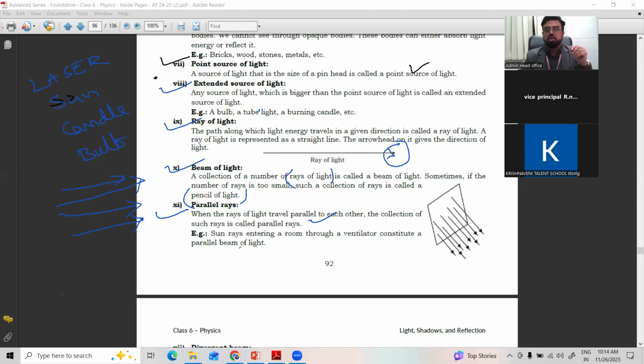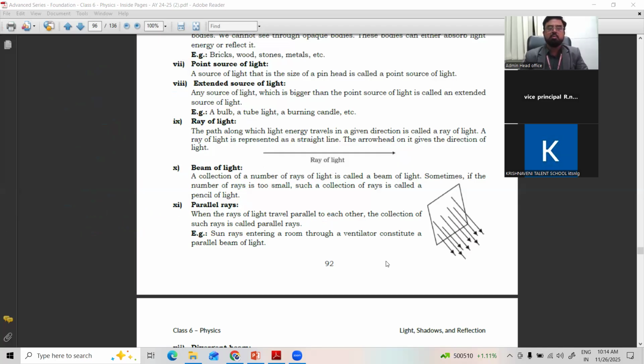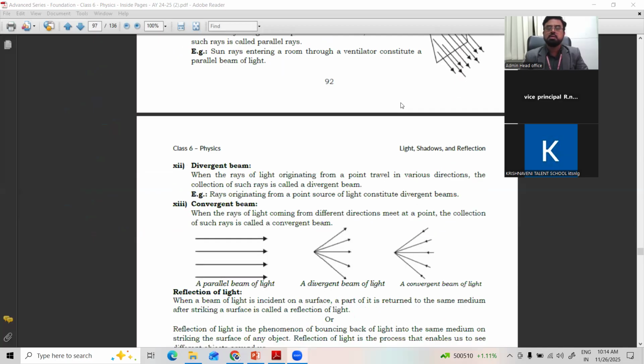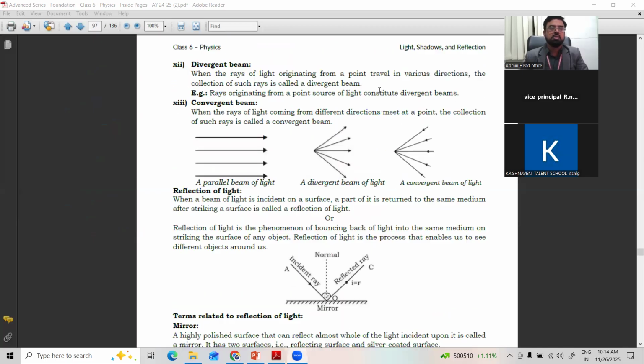If you observe in the morning, towards the east, you open the window or look at the ventilator, the sunlight enters our room in rays parallel to each other. They are a parallel beam of light. That is, many rays of light which are parallel to each other are called a parallel beam of light. The example is sunlight entering from the ventilators or a window.